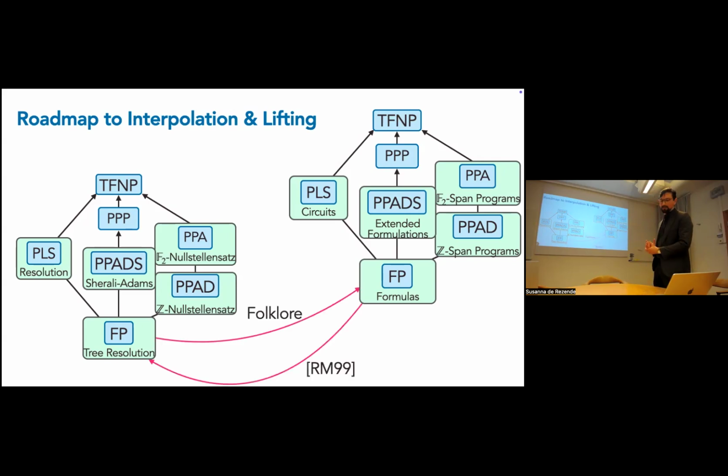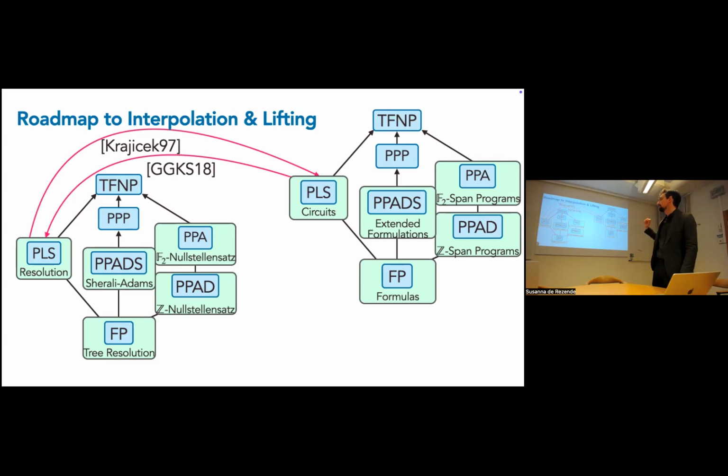The first example was, it's kind of a folklore result, that communication protocols can simulate decision trees. Pretty easy. In the other direction, Raz and McKenzie showed that there's a lifting theorem which transforms monotone formulas into decision trees.